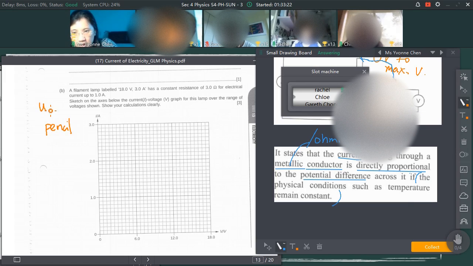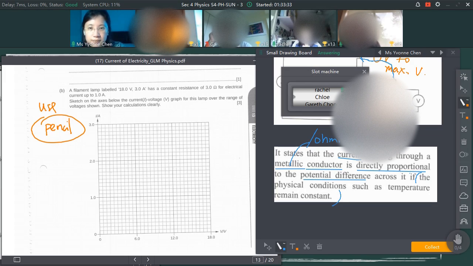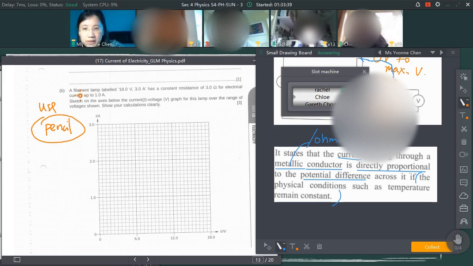Use pencil. And this is going to be a curve, not a straight line. Don't draw a straight line, draw a curve. Please take note, a filament lamp is not an ohmic conductor.